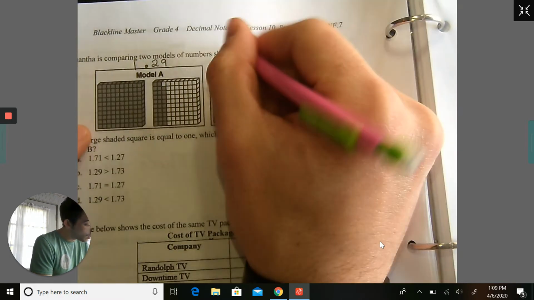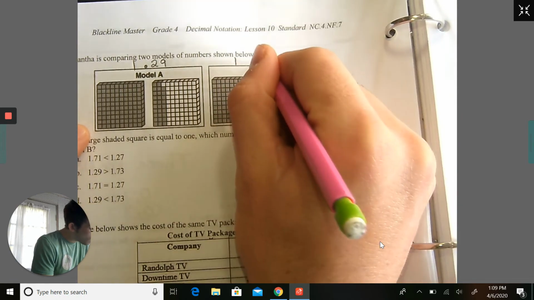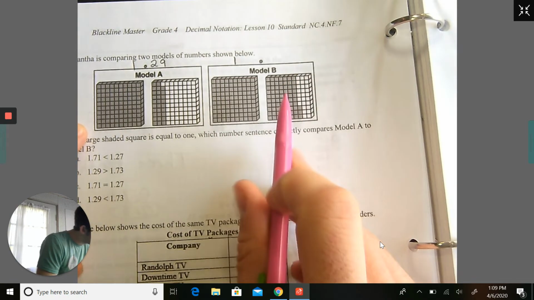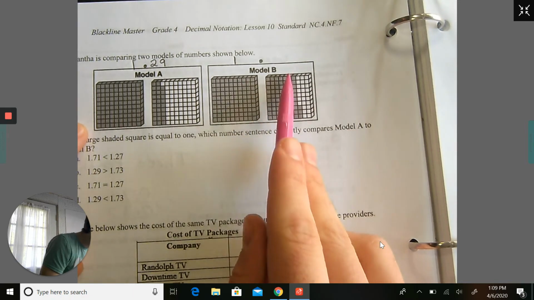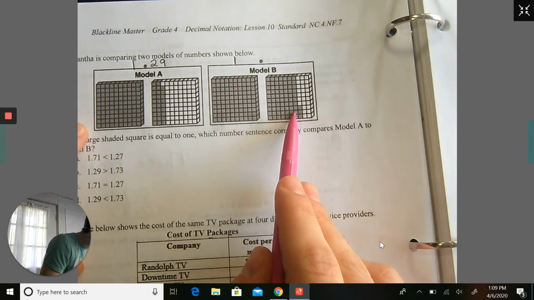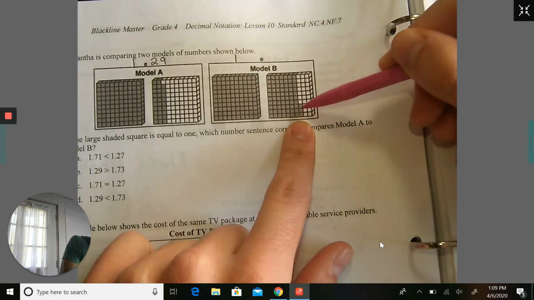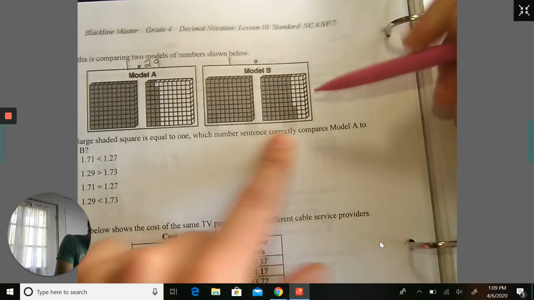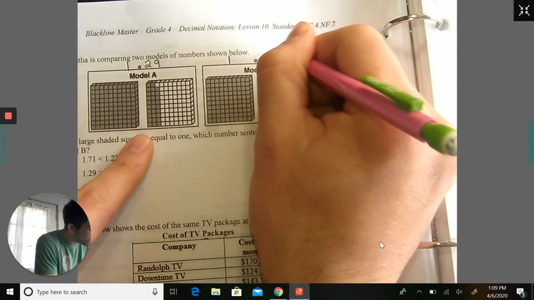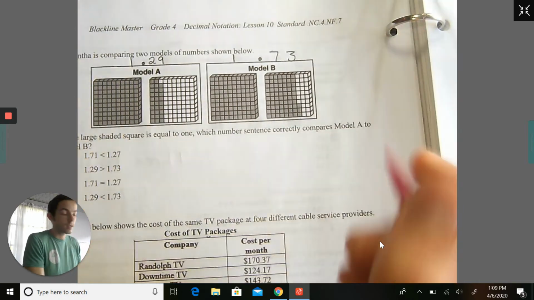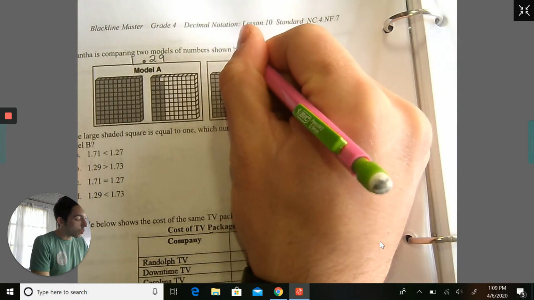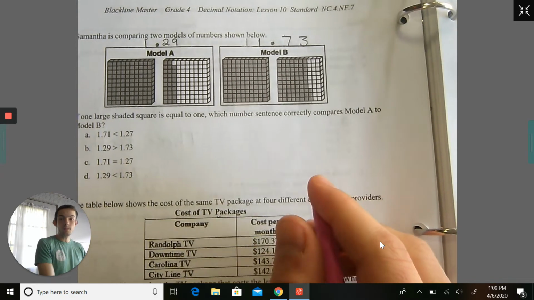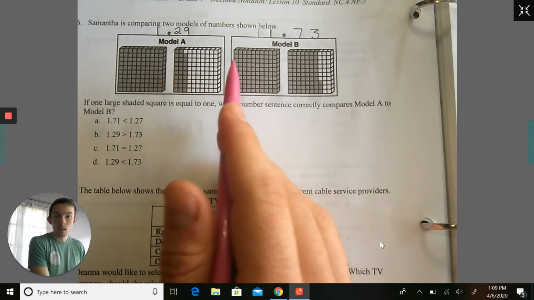Here we have 1 whole and let's see, 1/10, 2/10, 3/10, 4/10, 5/10, 6/10, 7/10, 1, 2, 3/100. So 1.73. Let me write that one a little bit closer to make it easier to see. 1.73. So right there, we have our 2 values.